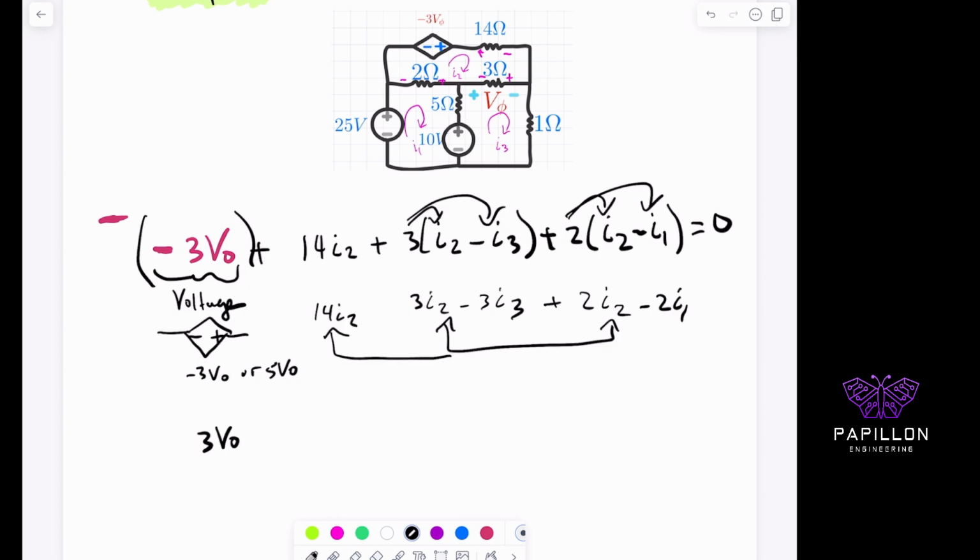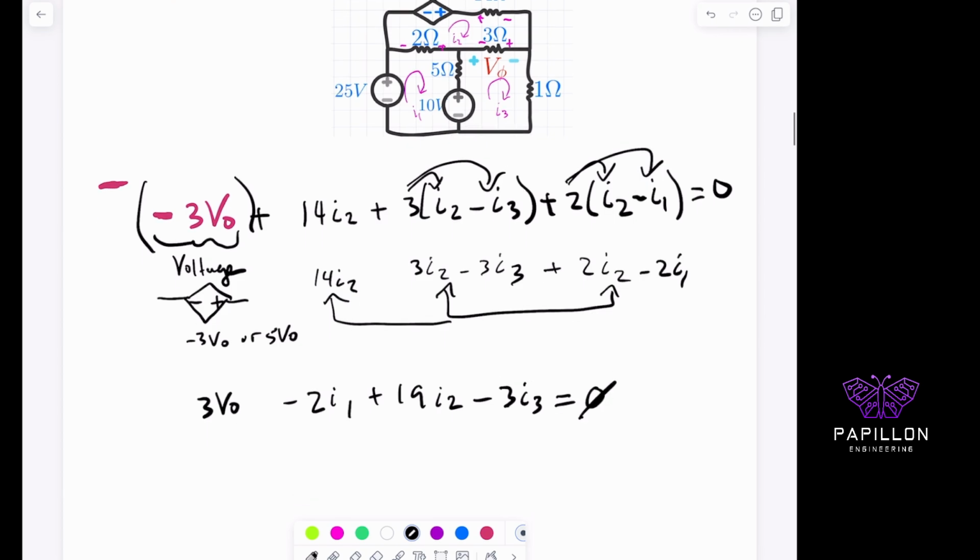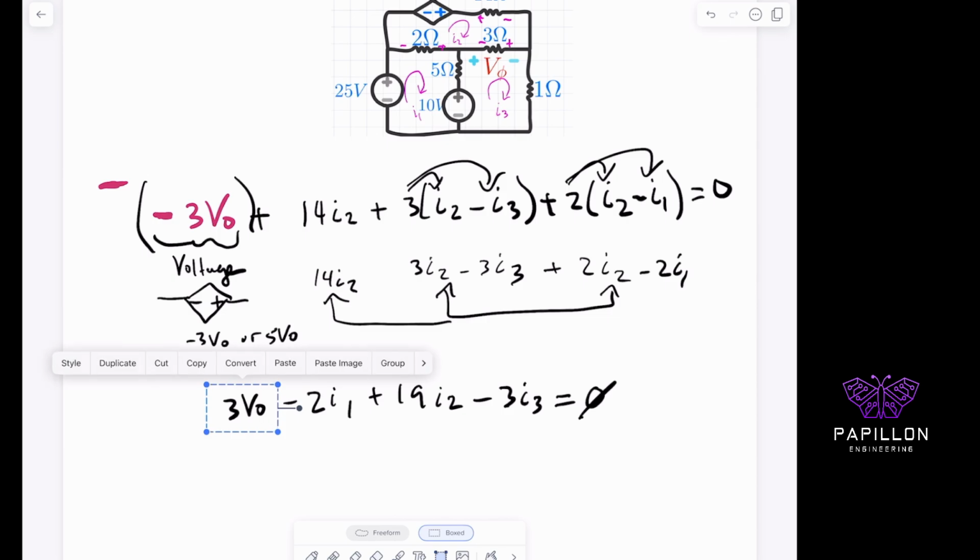So algebraically, I'm going to be left with minus 2I1. And this turns into plus... okay, let me put this all together so you can see it. Is what we're left with. Okay.